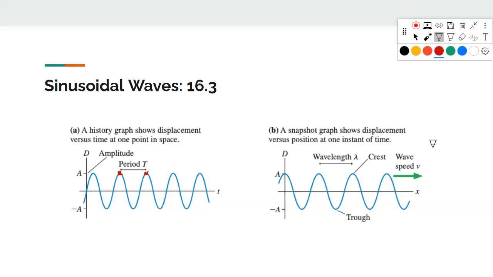However, we have something new as well, which is that for the snapshot graph, if I take a picture of the ocean wave, I could get out my tape measure and measure the physical distance from the top of the wave to the next top of the wave. And we call this the wavelength, lambda. So this wavelength is basically if we wanted to do something like a period, but on these snapshot graphs. A period is from the history graph, looking at one oscillator, how it moves up and down.